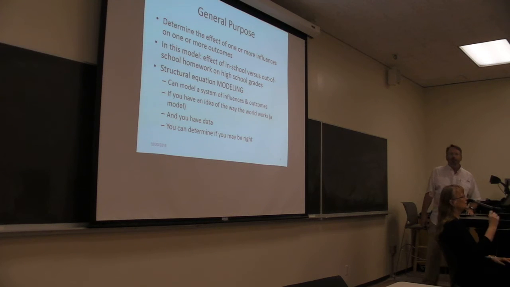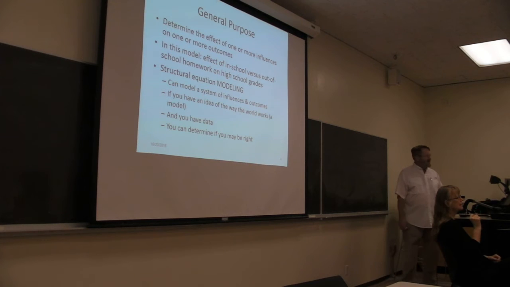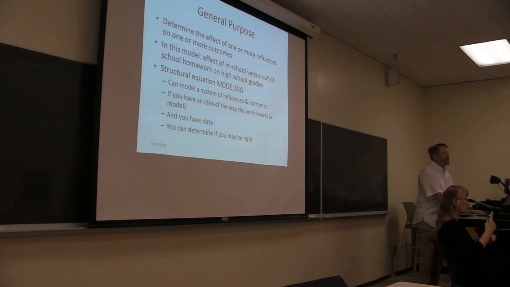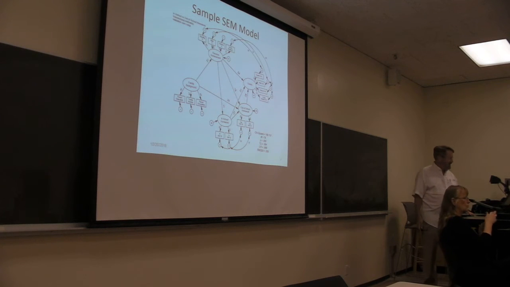The general purpose of structural equation modeling is to determine the effects of one or more influences on one or more outcomes. In this model, the primary things of interest are the effects of out-of-school homework on achievement as measured by grades versus in-school homework on achievement as measured by grades. And then there are two background variables that we're interested in controlling.